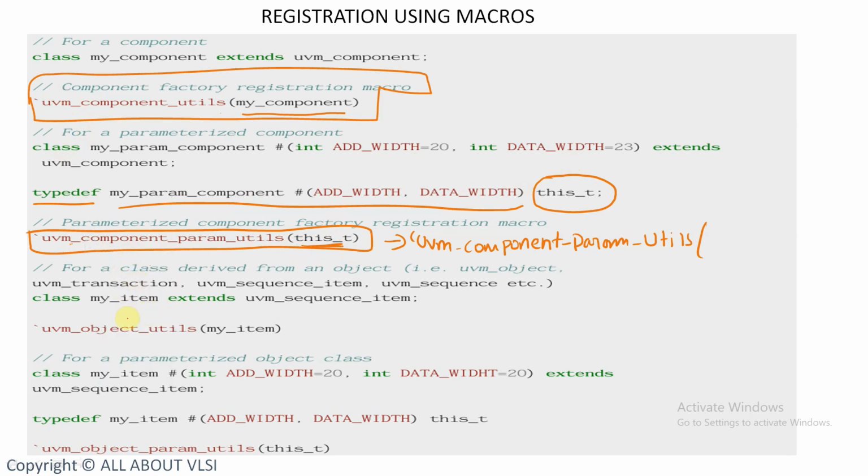And let's say if you want to register your object classes, see, this is your object class which is extending from uvm_sequence_item, which is an object class. my_item is your class, extending from uvm_sequence_item. If you want to register this particular class, you use this macro, which is `uvm_object_utils(my_item)`.